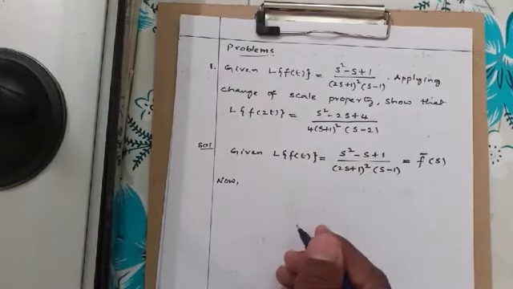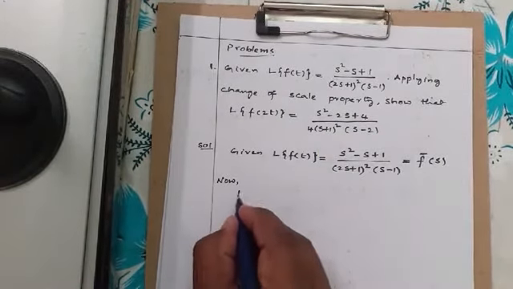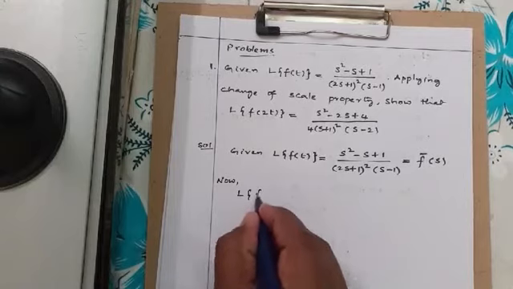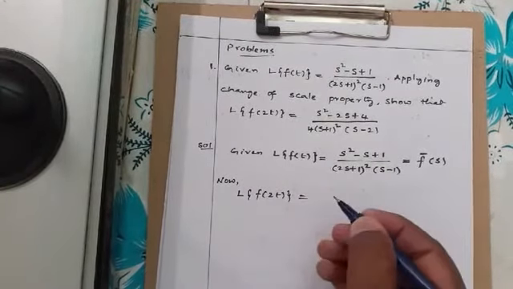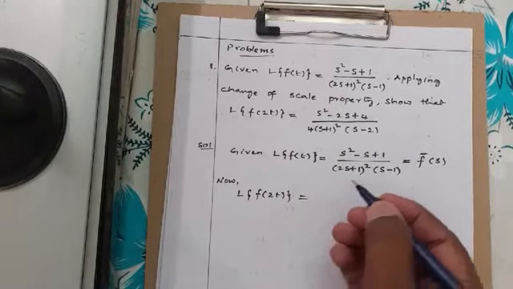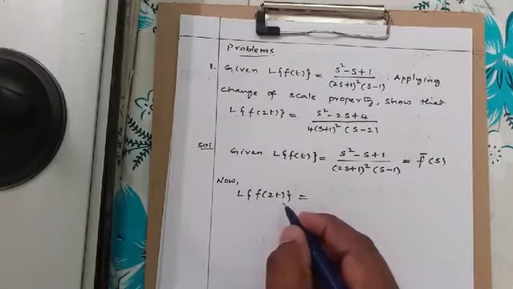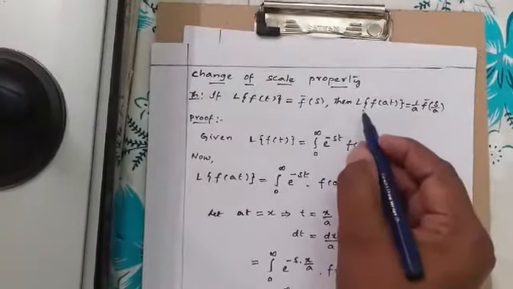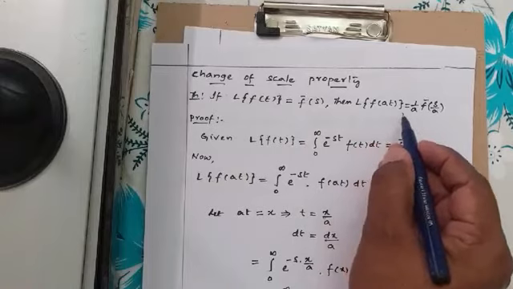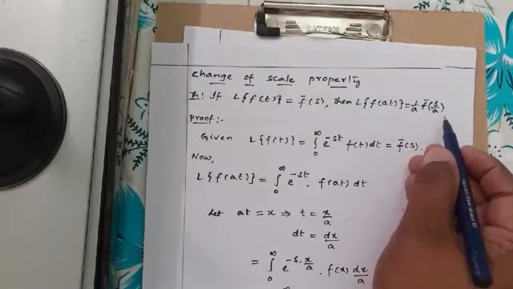So for showing that, we write Laplace of f of 2t is equal to, because as you have seen in the proof of the change of scale property, Laplace of f of at is equal to 1 upon a f bar s by a.